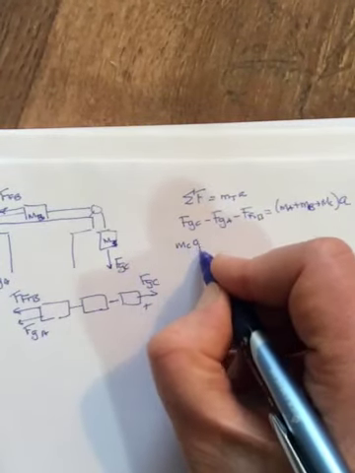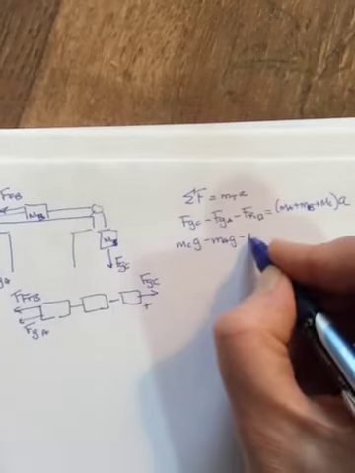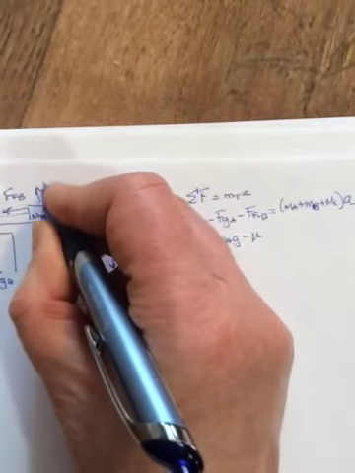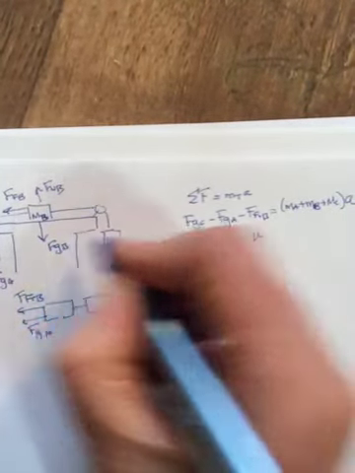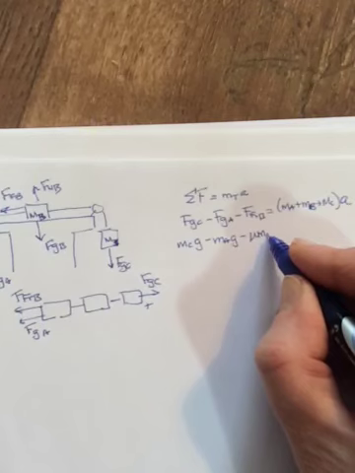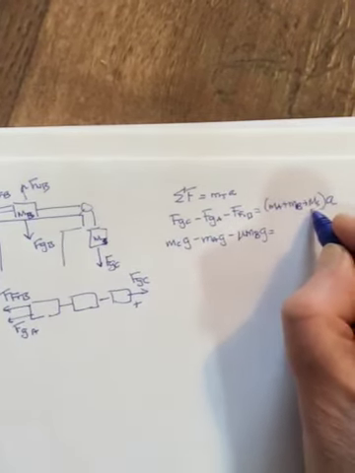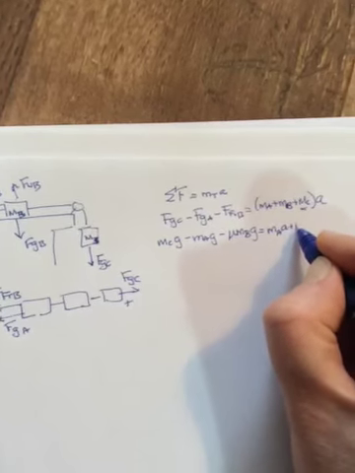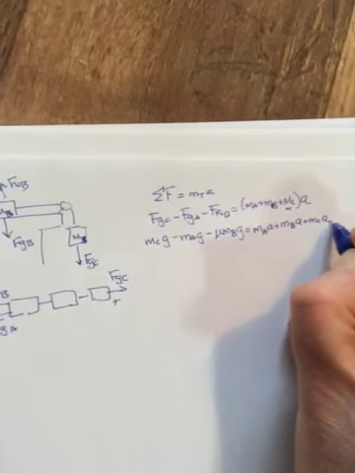So MCG minus MAG minus mu Fn on B, but Fn on B should just be Fg, so this will be MBG. And then you have to multiply this out because you have an MC caught inside here. So MAA plus MBA plus MCA.